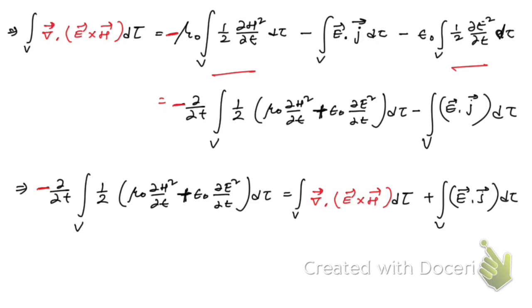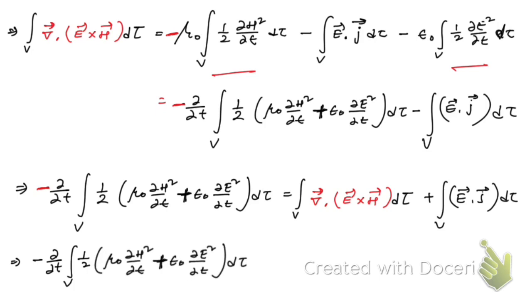Now using Gauss divergence theorem, you can convert this volume integral to a surface integral.